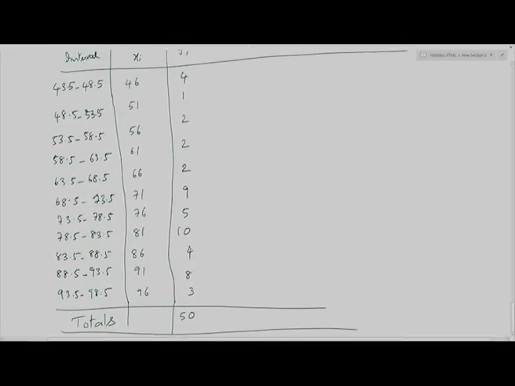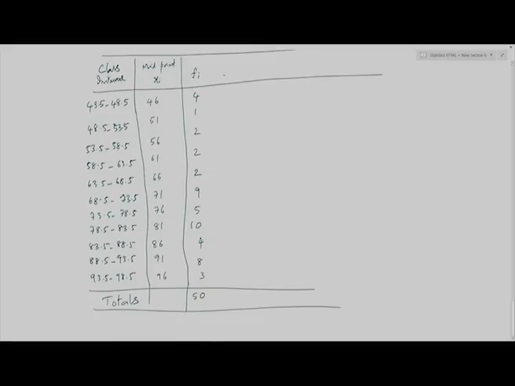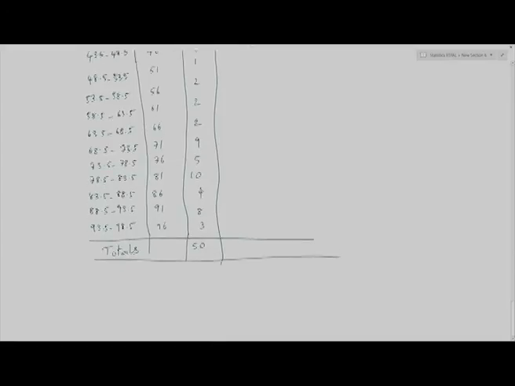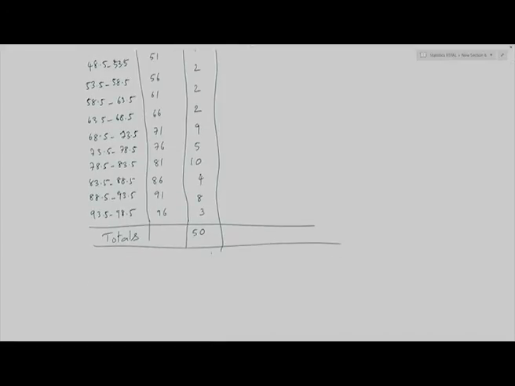Now, what we need for sigma square is this formula: the variance sigma square is equal to 1 by n, sigma Fi xi square minus sigma Fi xi whole square divided by n.